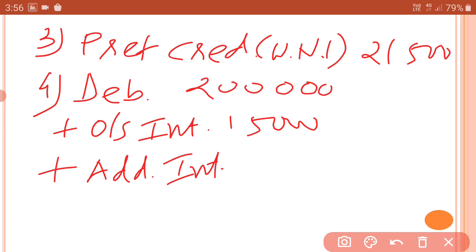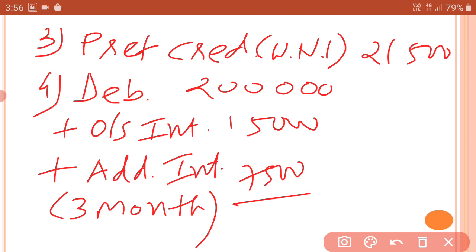So 31st March to 30th June means 3 months, so we pay 3 months extra interest. You calculate on the debentures, 2 lakh into 15% into 3 by 12. Your answer is 7,500.